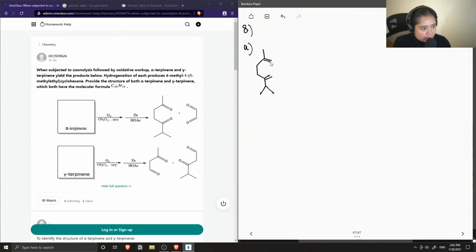So where there is a double bond in our second product, I'm going to show it as the same double bond that I already drew. So now I just need to draw a line connecting the two, like so. And this is the structure of alpha terpinene.